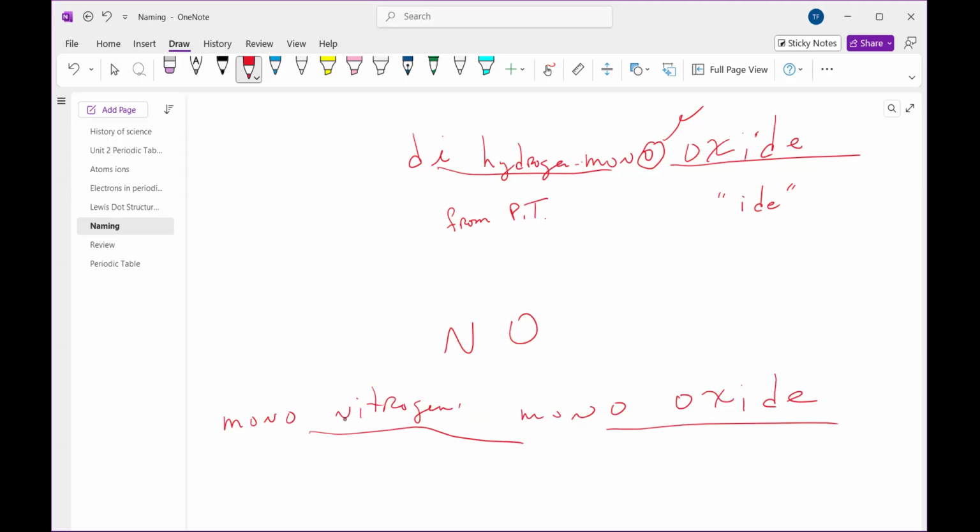Now, when the mono is in the beginning, it's optional. So it's mononitrogen monoxide. Now, there's two of these. There's one called nitric oxide as well. So there's nitrous, nitric.